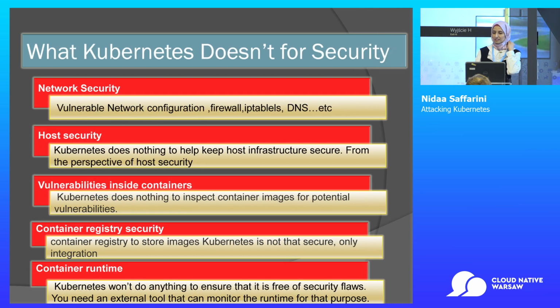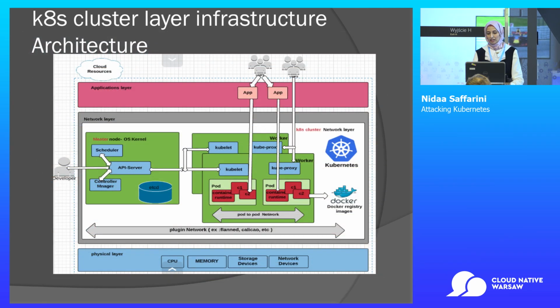But Kubernetes doesn't do network security, because Kubernetes actually can't control the network layer. And the Kubernetes cluster can't control our hosts itself. Kubernetes can't control our physicals. So Kubernetes is now under the mercy of our layers: network, application, and physical. Application, I mean runtime.